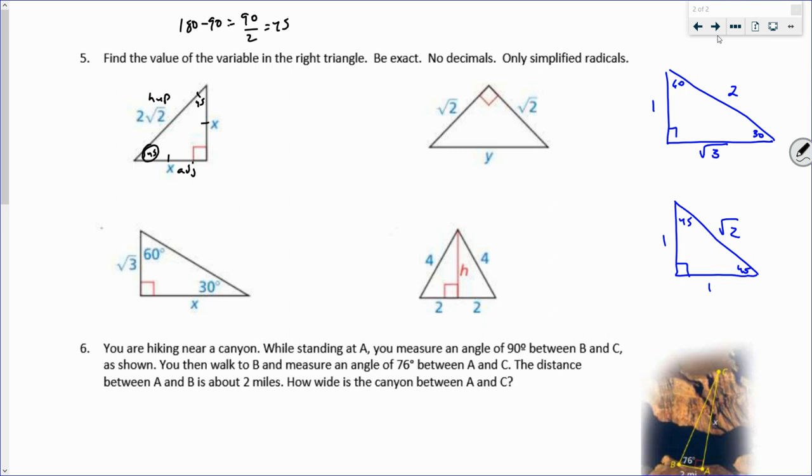We do the reference triangle of the 45, adjacent to hypotenuse, and we do 1 over root 2 equal to x over 2 root 2. And then we go 2 root 2 equal to x root 2. Divide both sides by root 2. We end up getting 2 equals x.